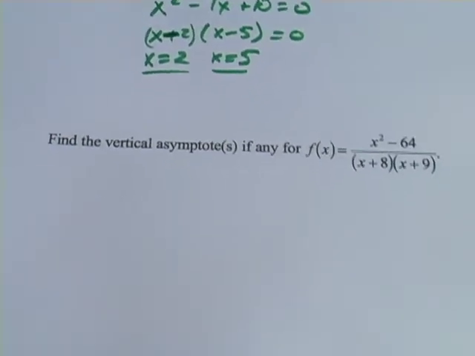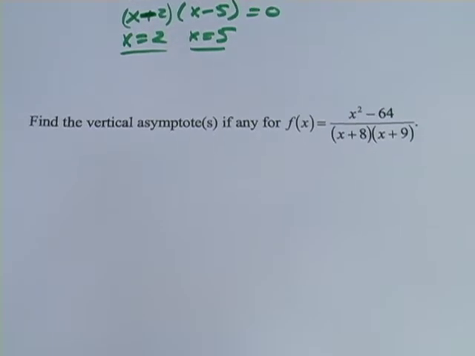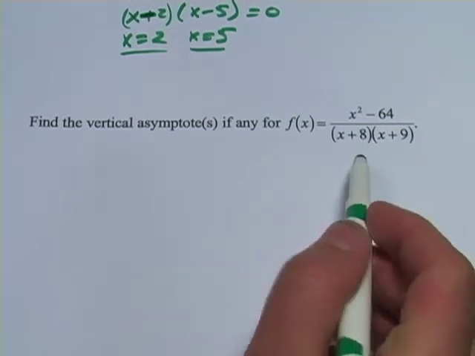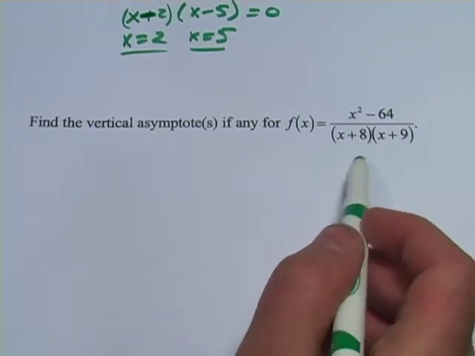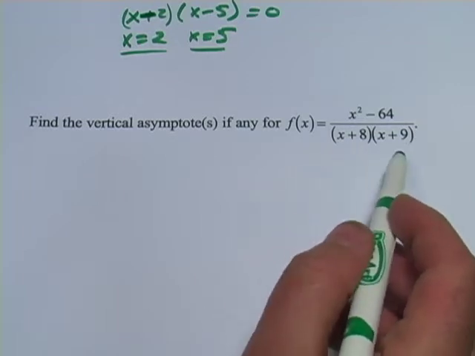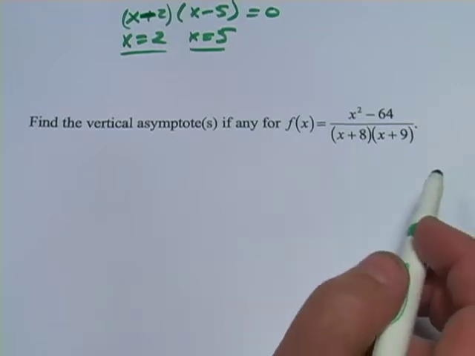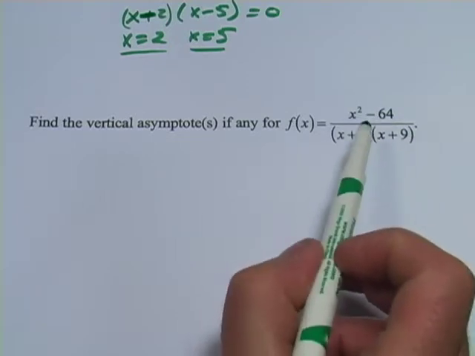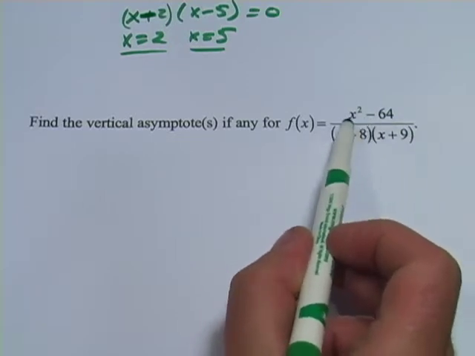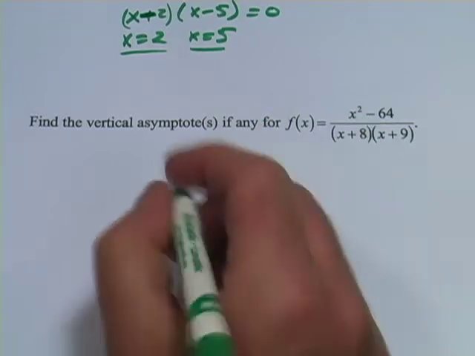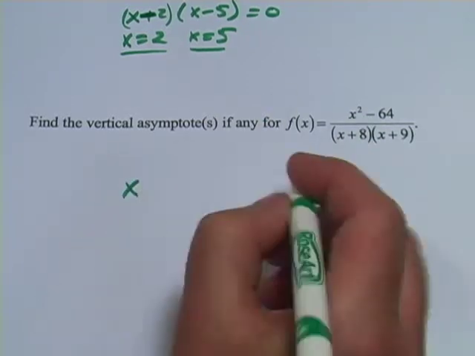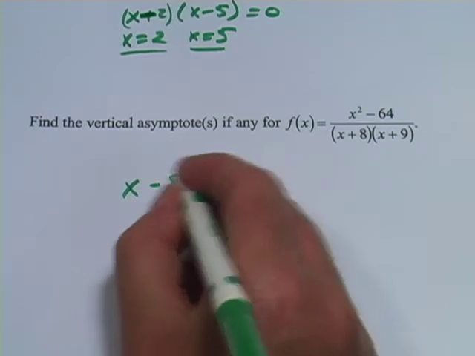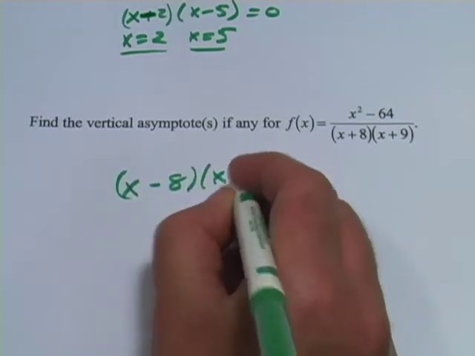So again, we're going to find the vertical asymptotes, and it looks like they did us the favor of factoring the denominator already. So you might set this equal to 0 and say, well, x equals negative 8, x equals negative 9, boom, you're done. You'd get that one wrong if you said that, though, because we need to be careful about the top, too. So we're going to go ahead and factor the top. We've got a difference of squares here. x squared minus 64 factors out to x minus 8 and x plus 8.